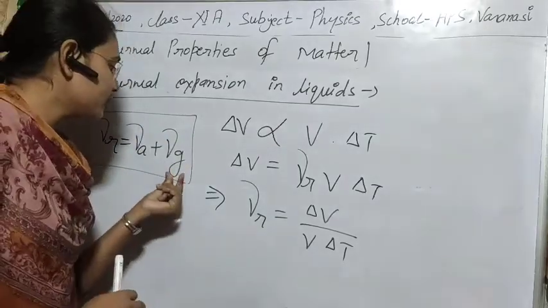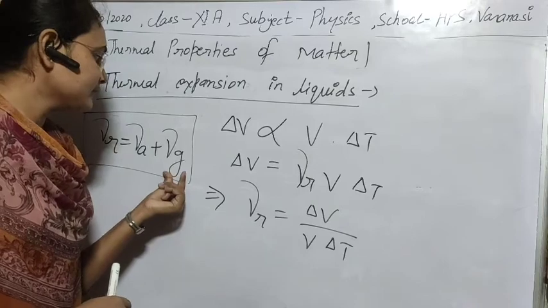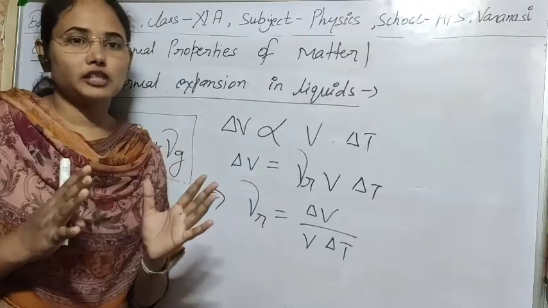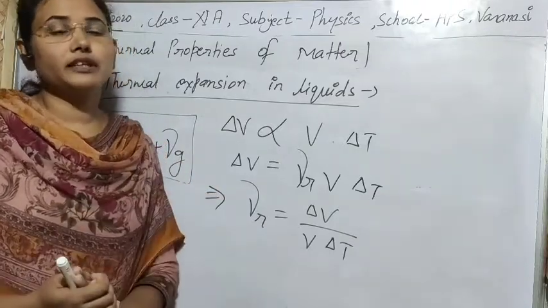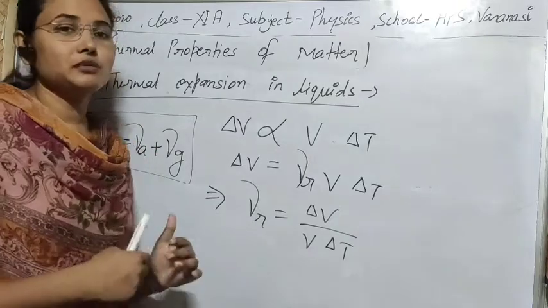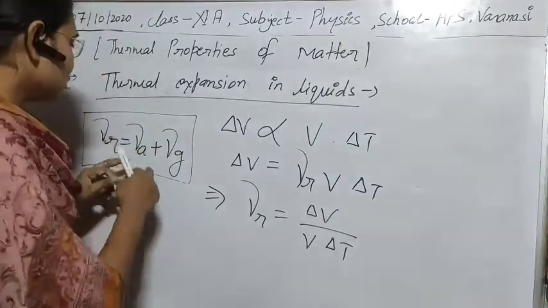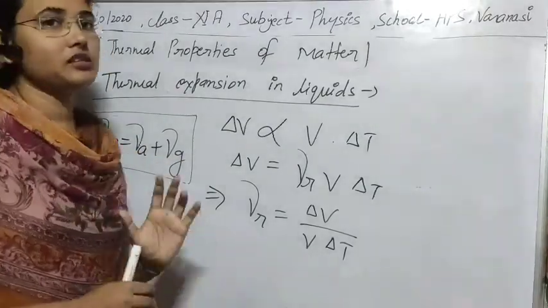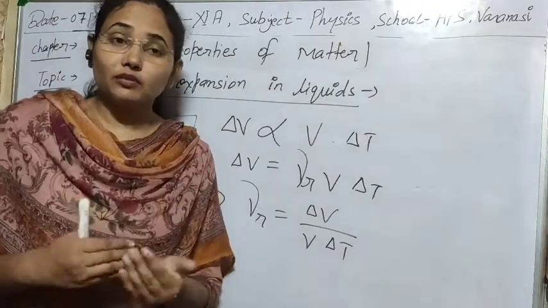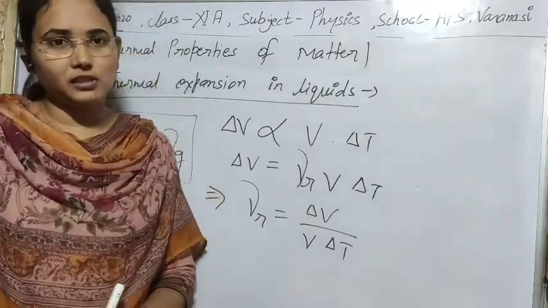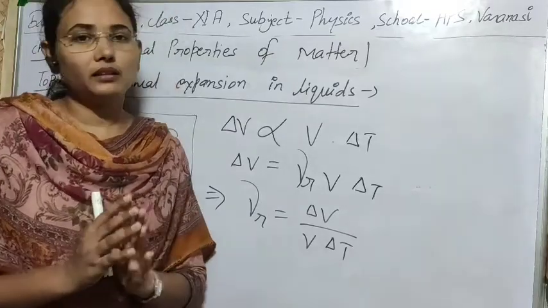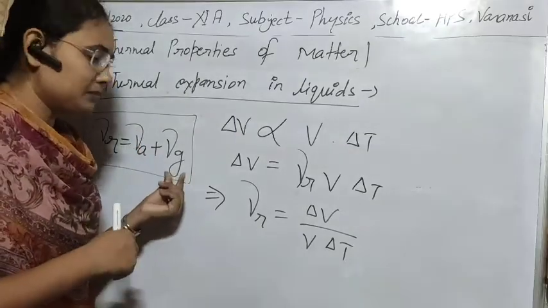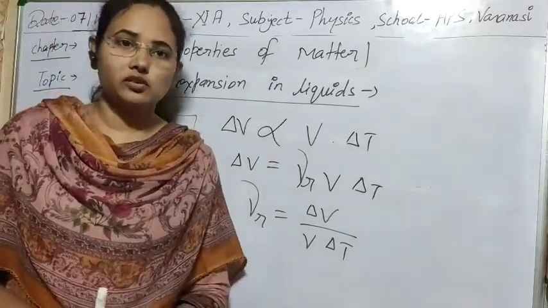That coefficient of volume expansion for the solid is denoted here by gamma g. And as I have told you, if the container expands, then there will be expansion of the liquid volume also, and that expansion is known as apparent expansion. So if we add both, we will get the real expansion of the liquid. That means we can easily obtain the coefficient of real expansion for the liquid with the help of these two factors, apparent expansion of liquid and volume expansion of solid.